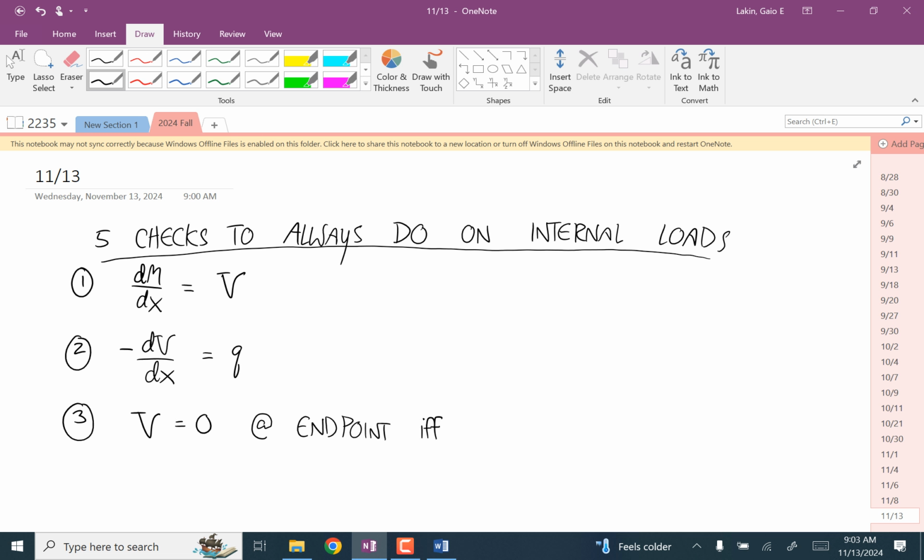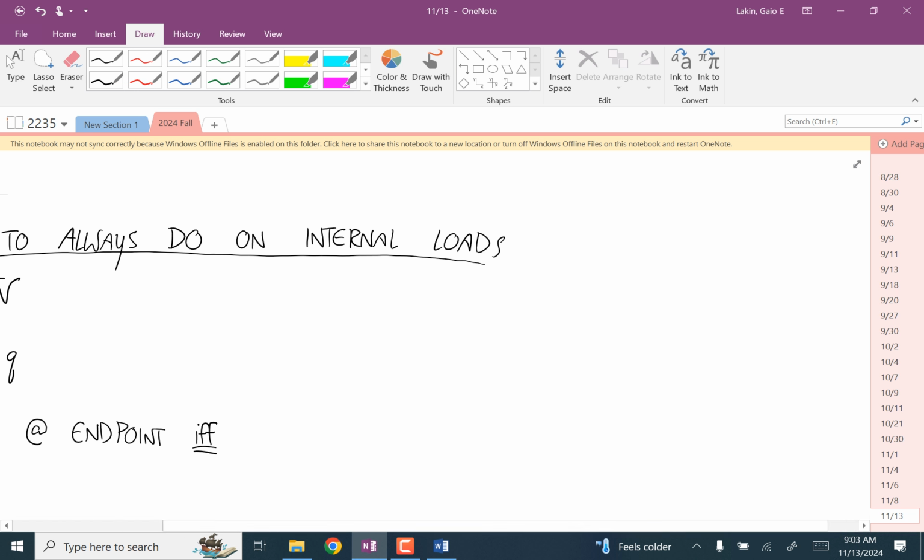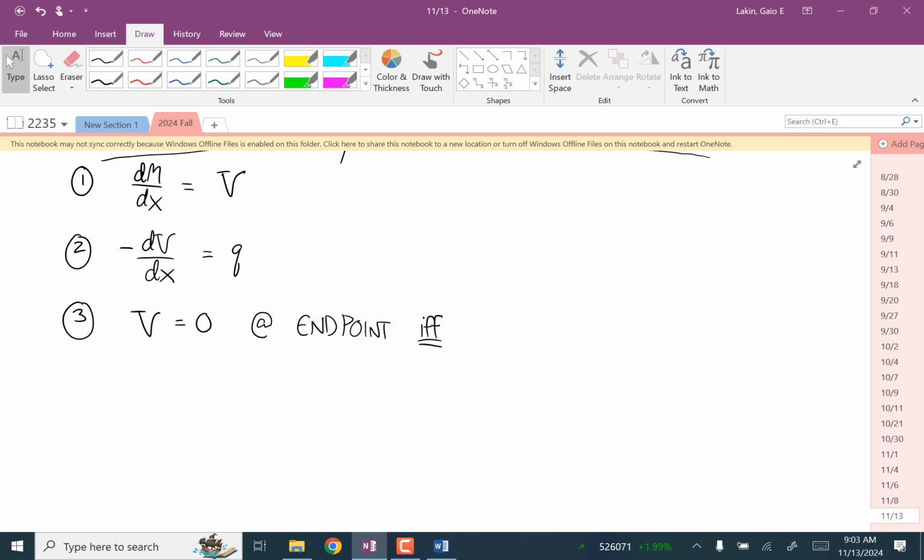If and only if. So the only way you can have the shear force equal to 0 is if you meet these conditions, and the only way these conditions can happen is if the shear force is equal to 0. There's no vertical point force at that endpoint.